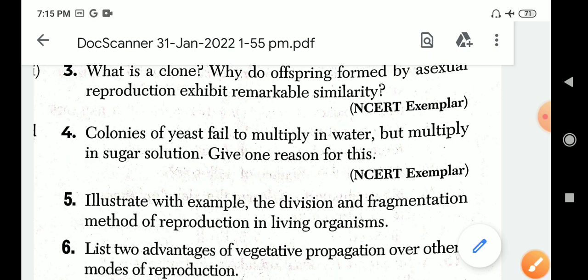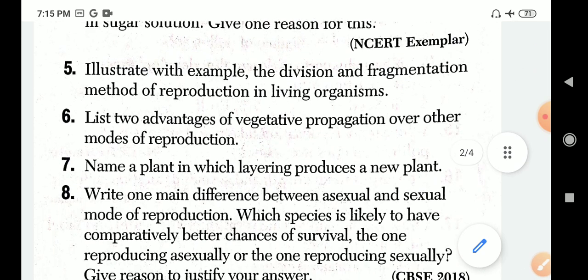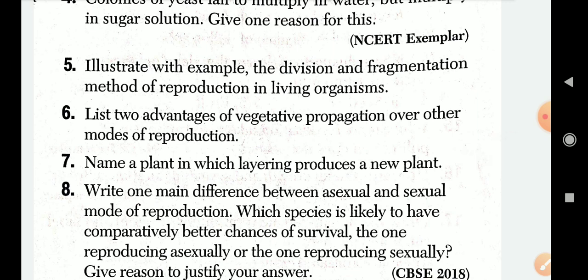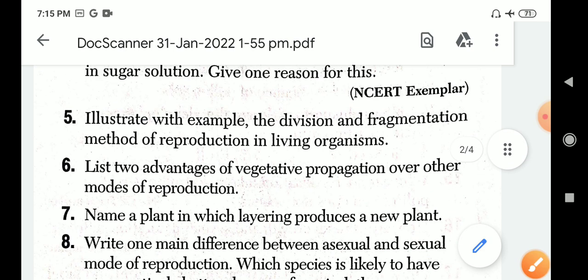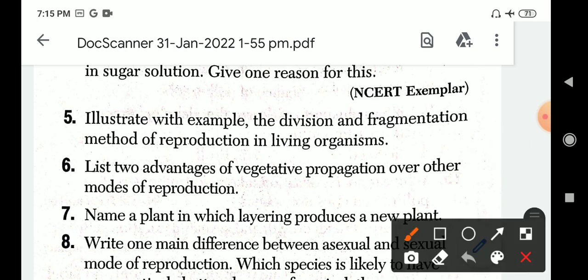Now next is, illustrate with example the division and fragmentation method of reproduction in living organisms. Fragmentation is found in Spirogyra and in the sea animal called sea anemone. These organisms reproduce through the process of fragmentation.